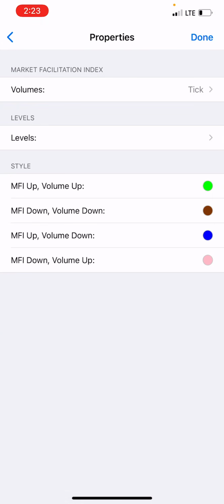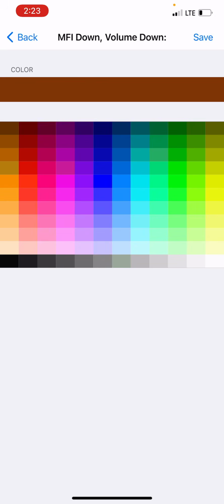You select 4 pixel for the style. For MFI up, volume up, you use green. For MFI down, volume down, you use black.